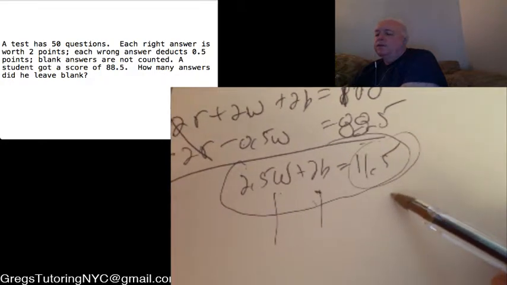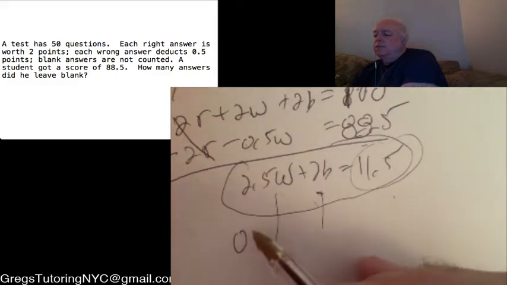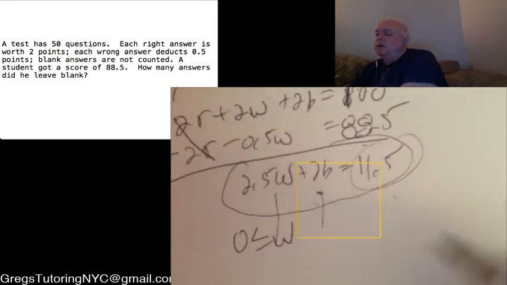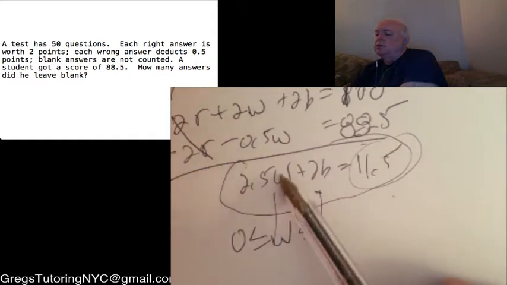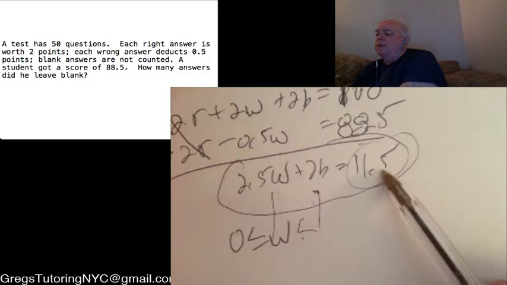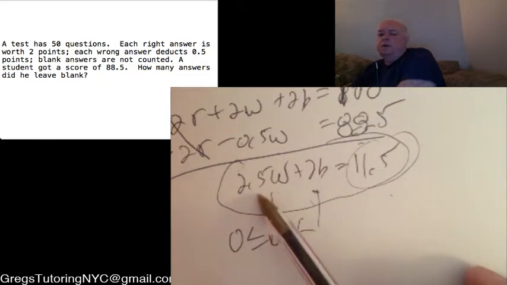So for instance, we notice that W can be 0, but what is the max that W could be? If W is 10, this is 25, and that's way too high. And if W is 5, this gives us 12.5 already.